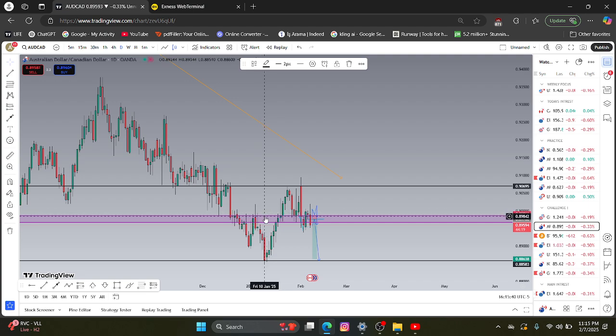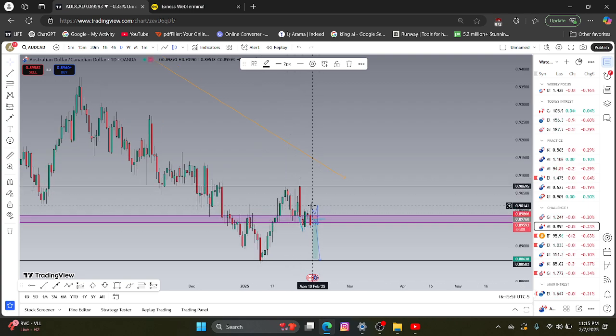So you might think the market has already changed direction and enter buys, but it's better to wait and see how the market is reacting at this level.